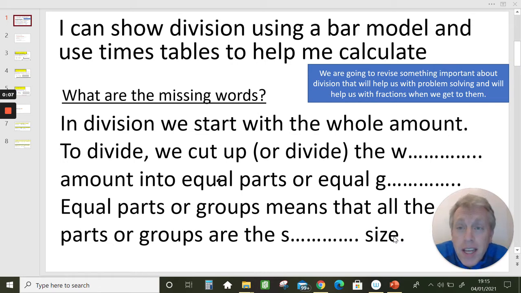This one is our first maths session for a while, and it is just revising something that we have been learning about dividing.